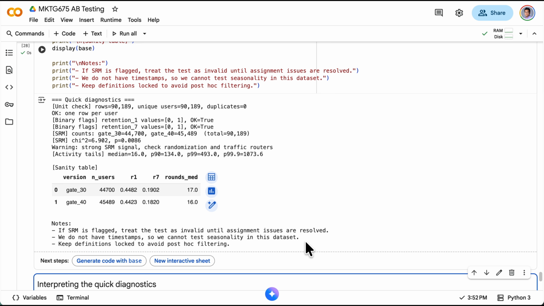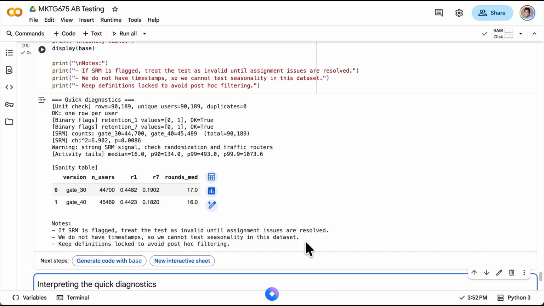Third, we test for sample ratio mismatch, or SRM, with a 50-50 expected split. The chi-square test compares the observed counts for gate 30 and gate 40 to the ideal. The output shows gate 30 has 44,700 users and gate 40 has 45,489 users, with a chi-square statistic of about 6.902 and a p-value of 0.0086.